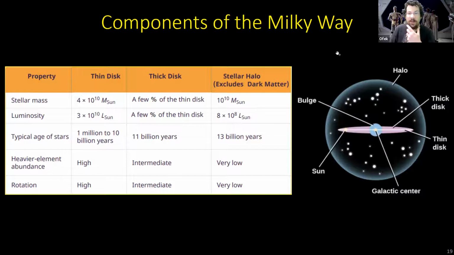And we can compare here between different parts of the galaxy. In terms of stellar mass, the thin disk is the prominent one. Most of the mass of the galaxy in stars is in the thin disk, about 4 times as much as the stellar halo surrounding the galactic plane. The thick disk itself is quite small.